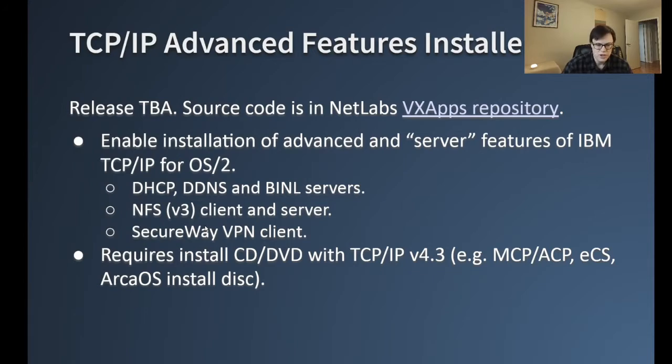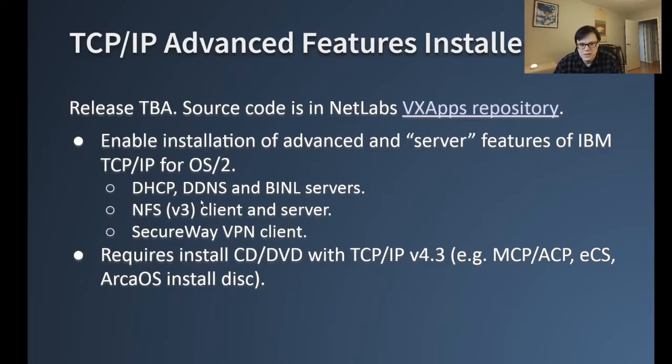And this is not a general purpose VPN client. It only works with an AIX SecureWay firewall VPN, which probably does not exist in many infrastructures anymore. But it's there. It's possible some people might want to install it, so I figured why not.